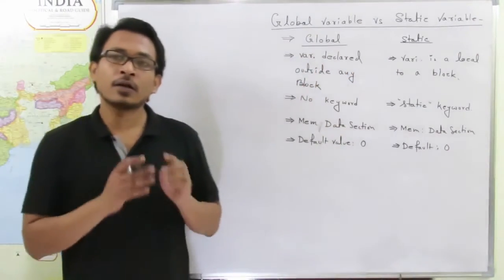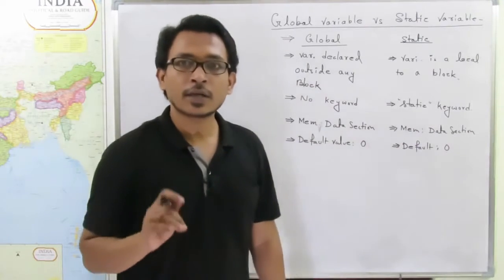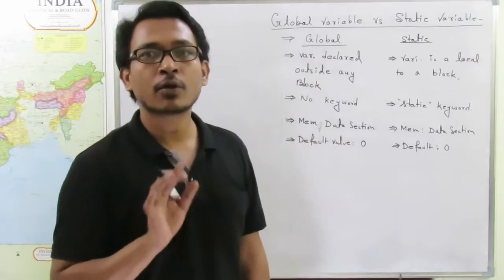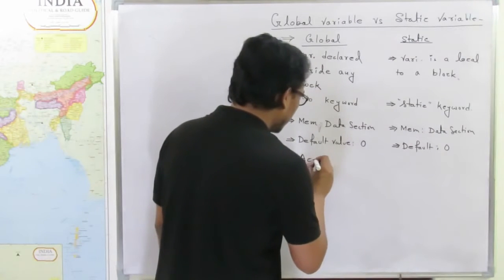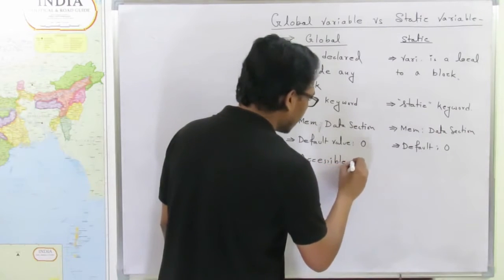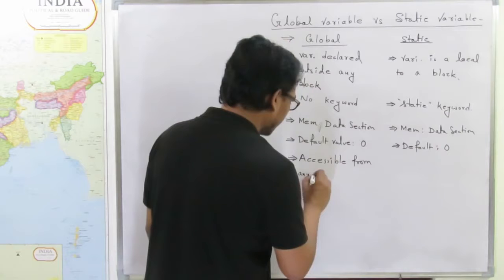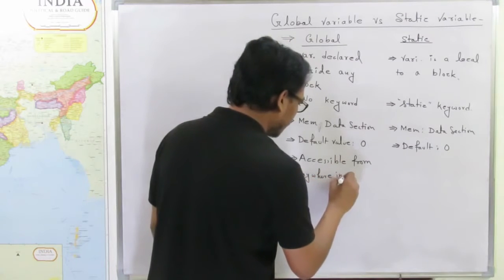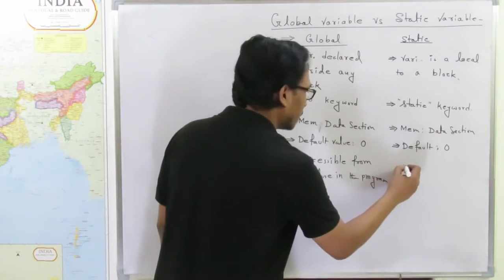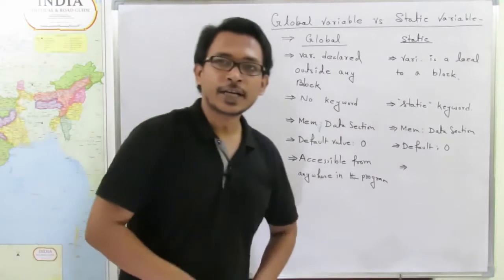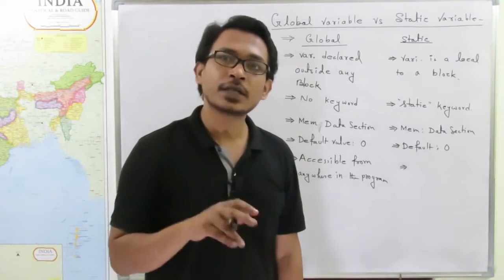Now next point is global variable. Any global variable is accessible from anywhere in the program. That means any function within the program can access the global variables. Clear? So global variable is accessible from anywhere in the program. But for static variable, we can access any static variable only from the block in which it is declared.